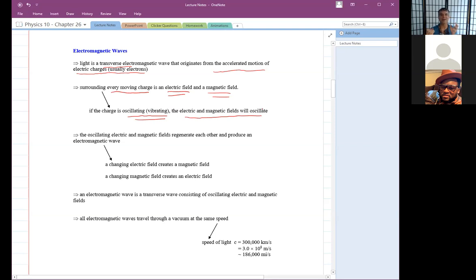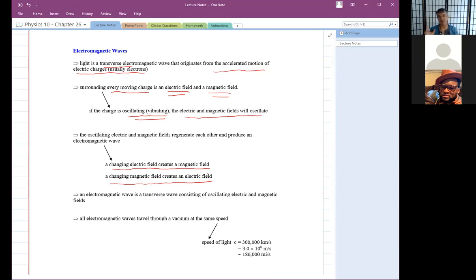And one of the things that Einstein discovered was that anytime I have an electric field which is changing, that's going to create a magnetic field. And anytime I have a magnetic field that's changing, that's going to create an electric field. And so it's really cool. Light is produced by something out in space, you know, the sun or something like that.